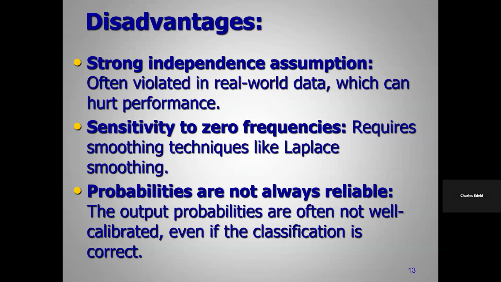But overall, despite the few disadvantages we have, naive Bayes remains, as we mentioned early in the lectures, one of the powerful and widely used baseline models for classification because of what? Simplicity and efficiency. Those are the two major ones, simplicity and efficiency.